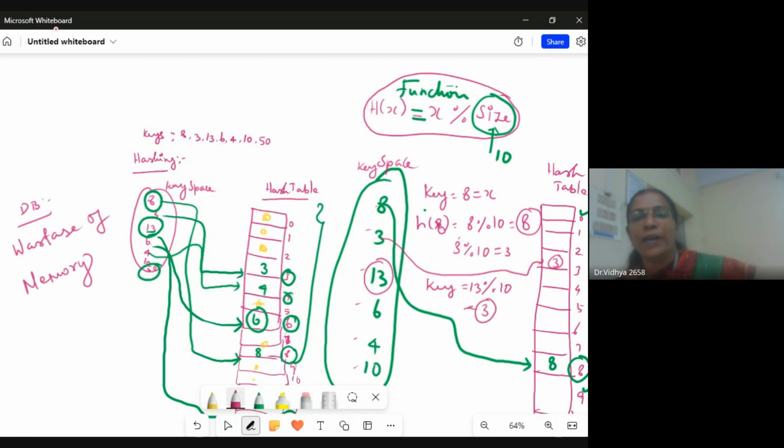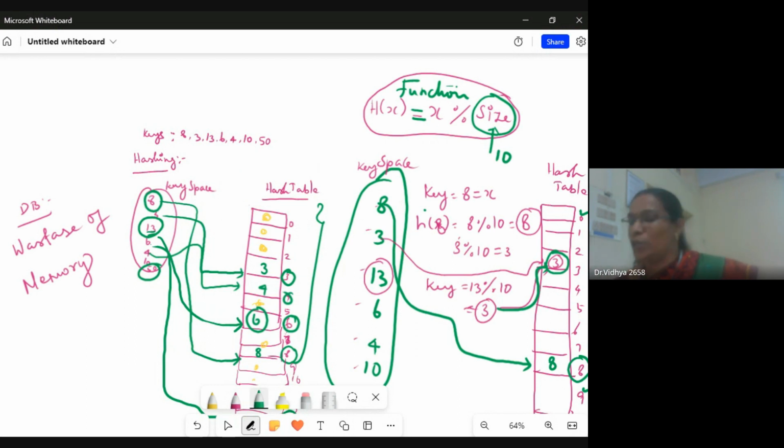So already at position 3 we have another element, that is 3. So what happens now? We are trying to use the same position for two elements. Already 3 is there, so this is where a collision occurs. Collision means trying to use the same place by two or more elements.